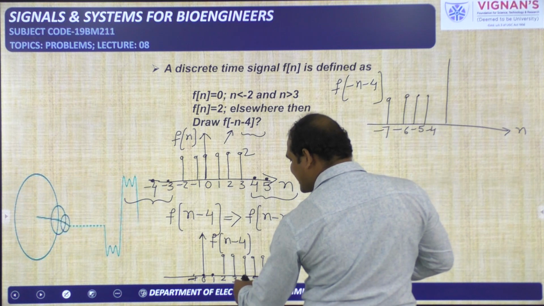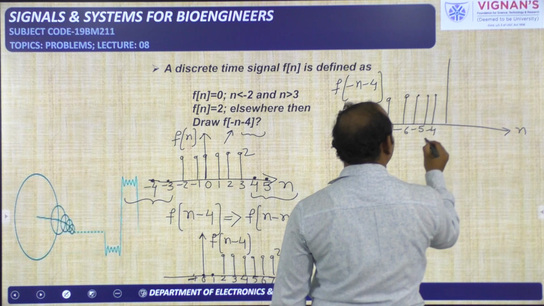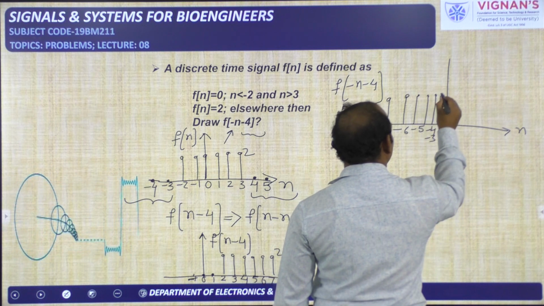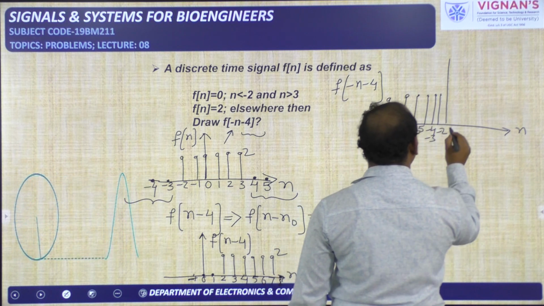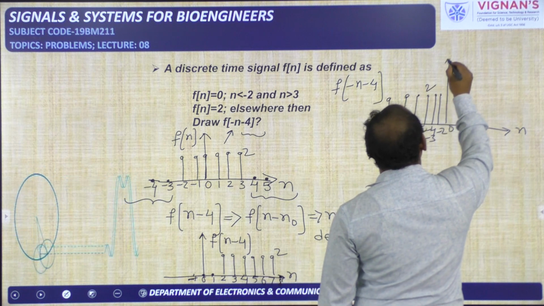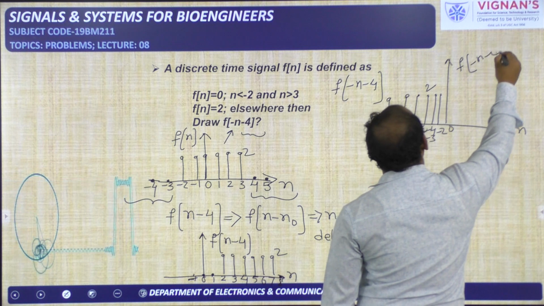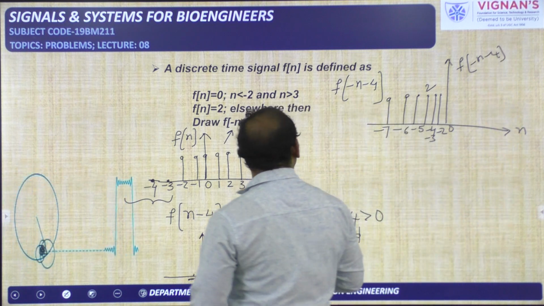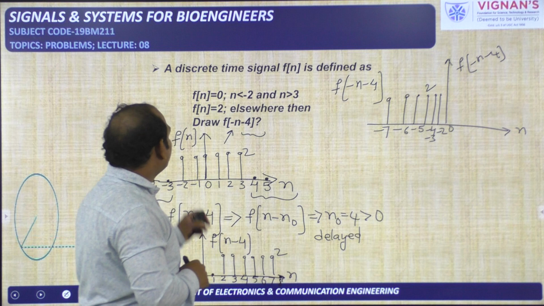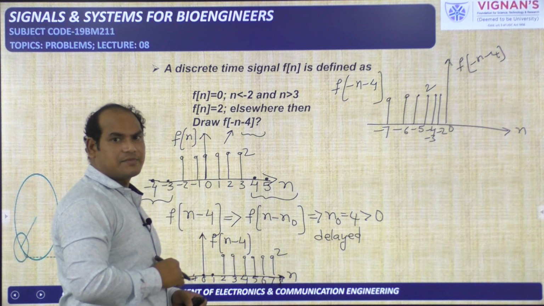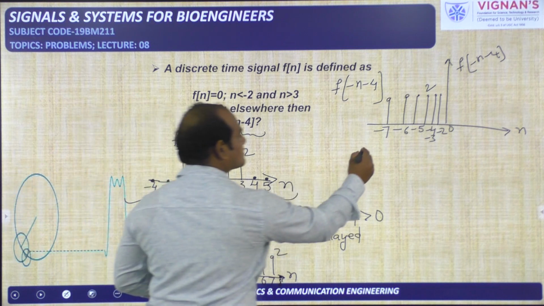The sample at n is equal to 3 will be at -3, and another sample will be at -2 with amplitude 2 only. So the resultant signal will be like this, f of -n -4. This is what was asked, that is, draw f of -n -4. We got that, so this is the answer.